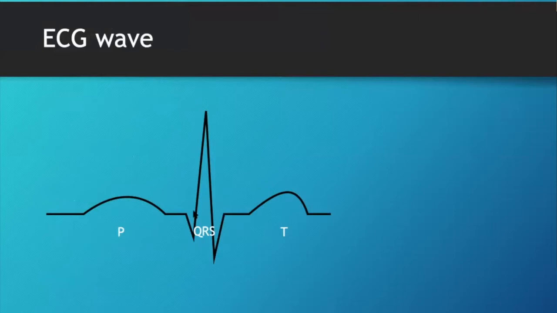And the QRS is the sum of the depolarization of the ventricles. What does sum mean? It's not just each individual cell. Not every cell will create a P wave. It's all the cells of the atria together that creates the P wave, and all the cells of the ventricles together create the QRS. Does that make sense?